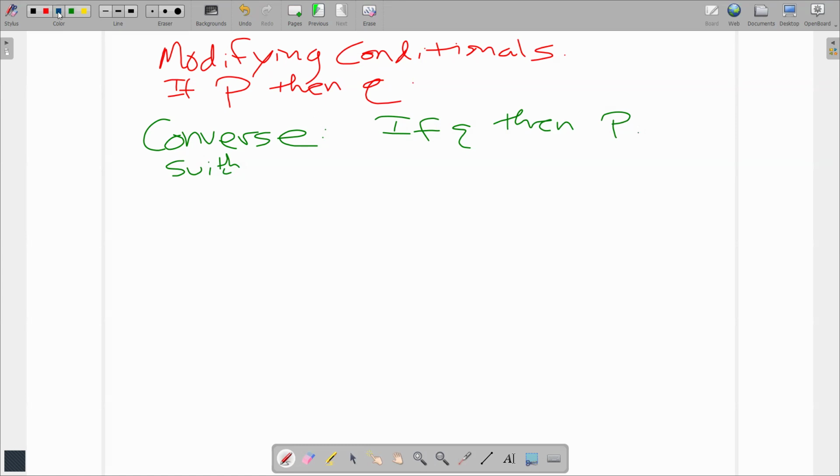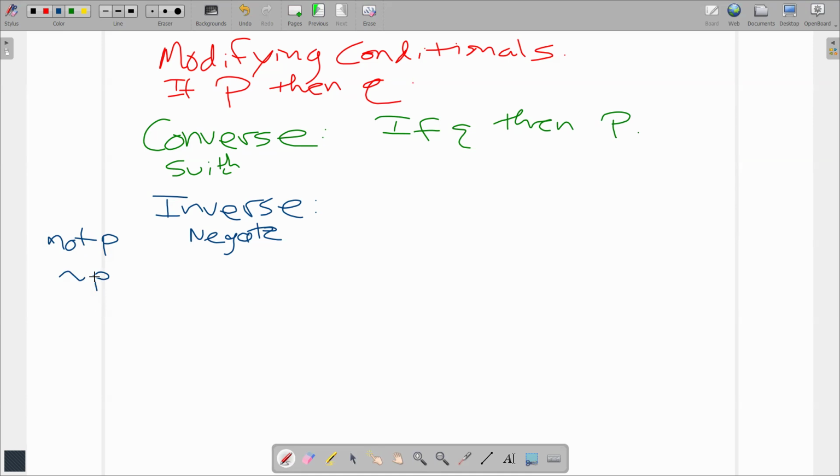I could do an inverse on a conditional. And inverse just means negate. And instead of writing the word not, sometimes instead of saying not P, you'll see a tilde P, and they mean the same thing.